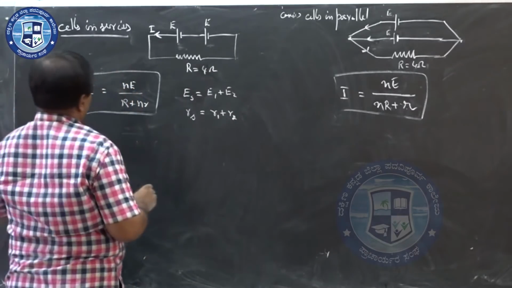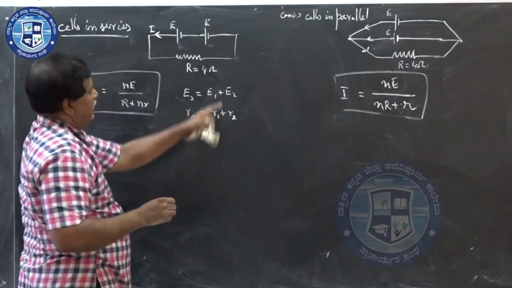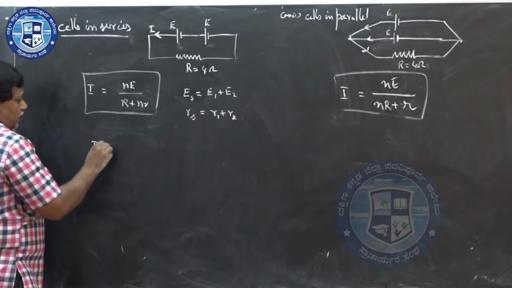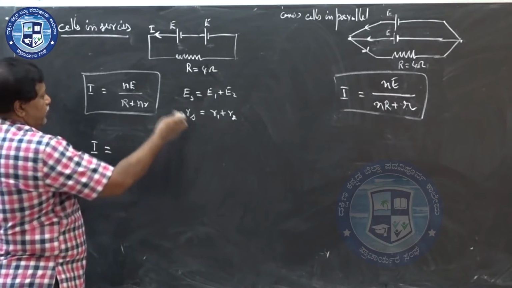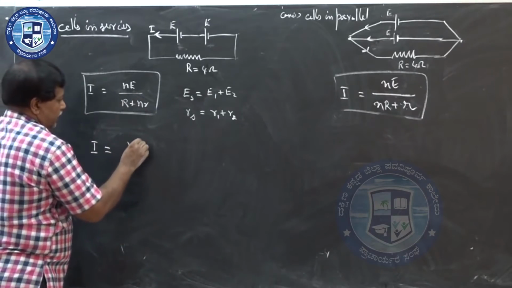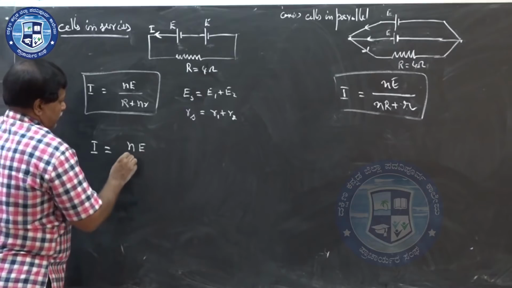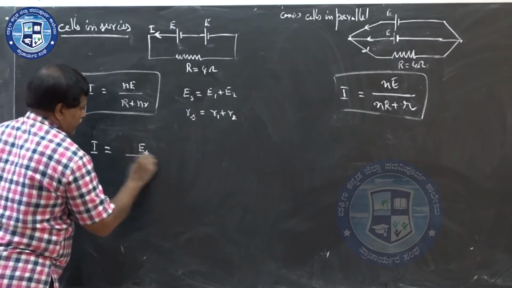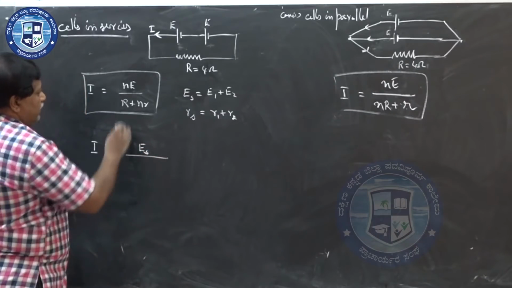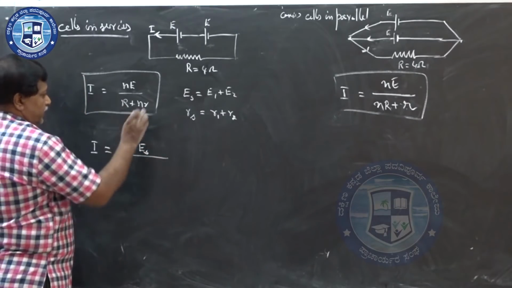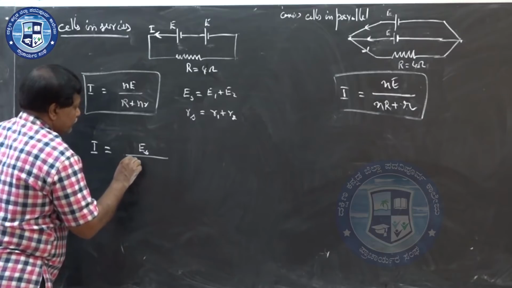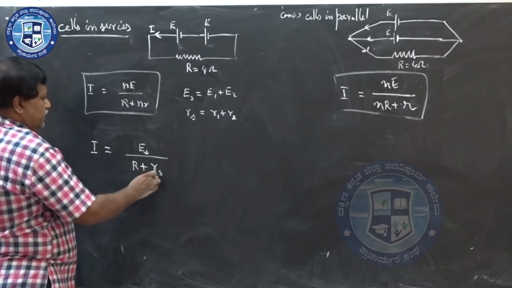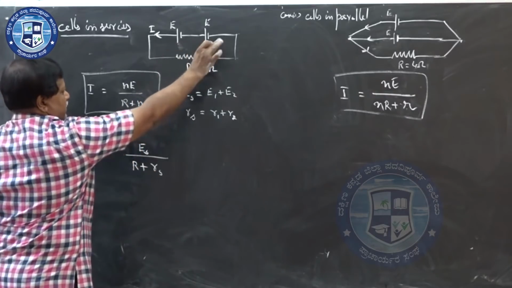In this case here we have identical cells. So, it becomes NE, this is the effective EMF of N cells in series, divided by external resistor plus RS. RS is internal resistance of the cells in series.